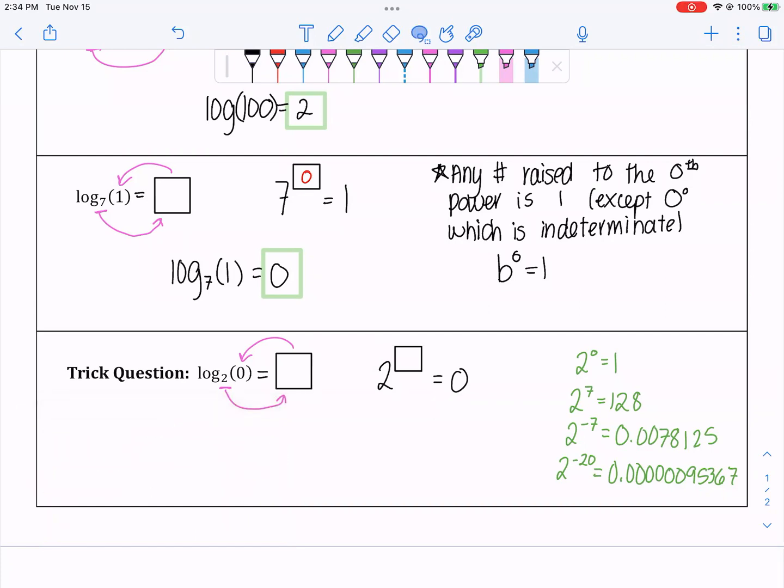It's impossible. There is no solution. This is not a real number. And as it turns out, we just simply cannot take log of 0. We can't take log of 0. Doesn't matter the base.